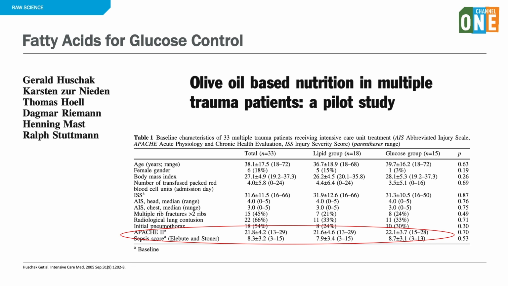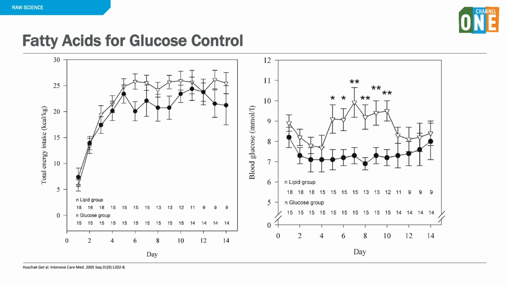You see here that when they compared the patients post-trauma treated with either lipids or glucose, in the group that was treated with lipids, the glucose was better controlled, and they had less hyperglycemia. And we all know that hyperglycemia is associated with worse patient outcomes, with more infections, and so more complications.